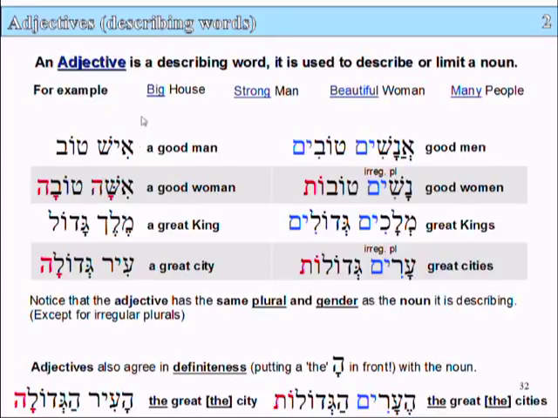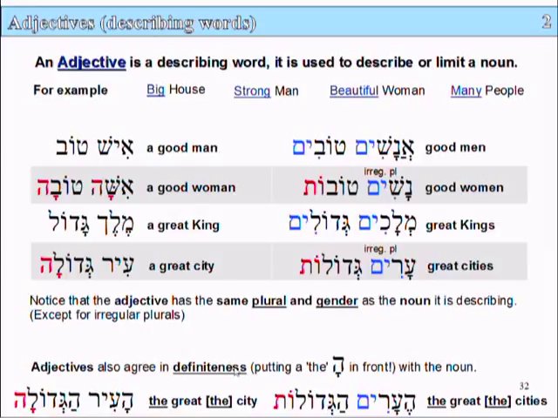when we have an adjective at the end of a word, it agrees in the gender, whether it's singular or plural, except for these irregular exceptions. And it also agrees if we put the in front of something. So this is a, and this is the.